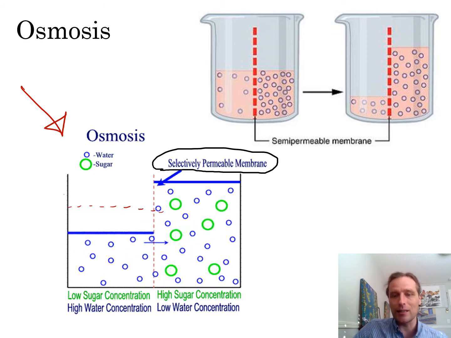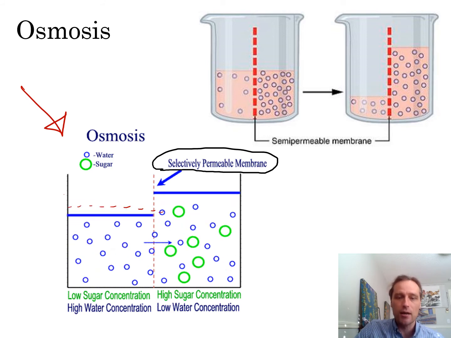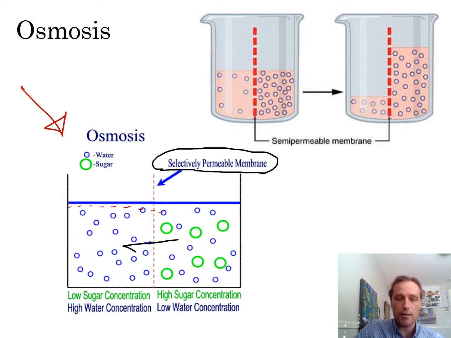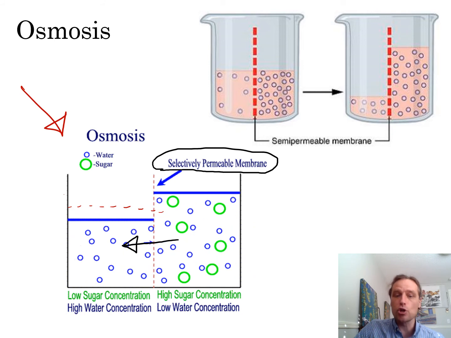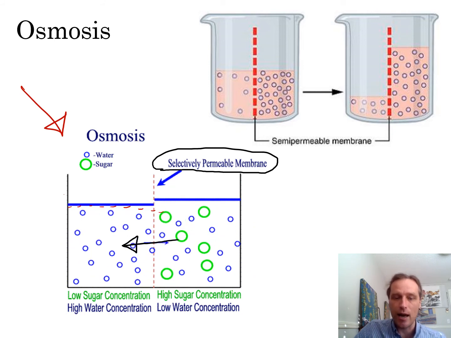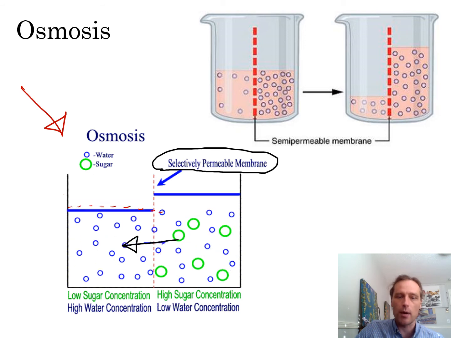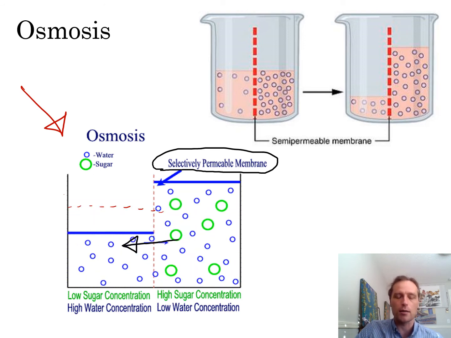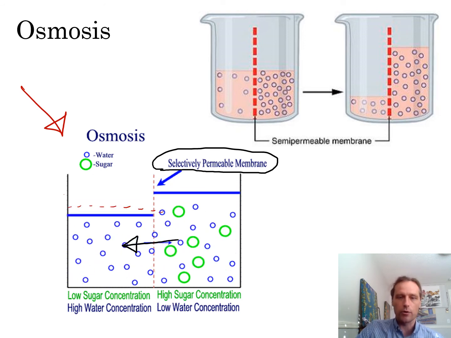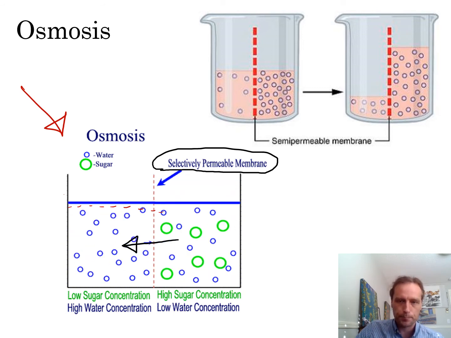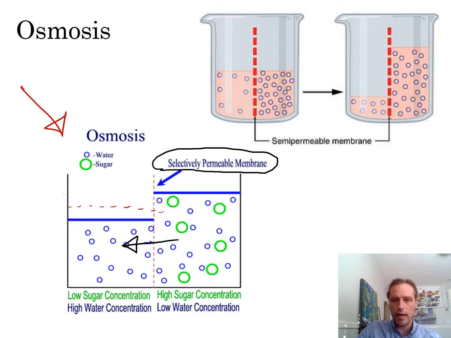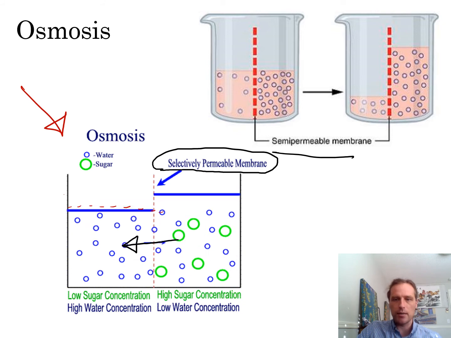They literally stick to them. So they can't go across to the left across this membrane because the sugar molecule itself cannot go across. The water molecules on the right, less of them can go across because they associate with the sugar molecules. Okay, semi-permeable membrane, same example.